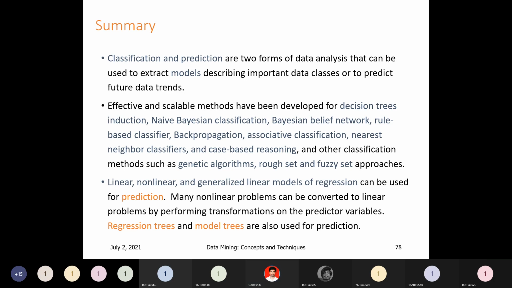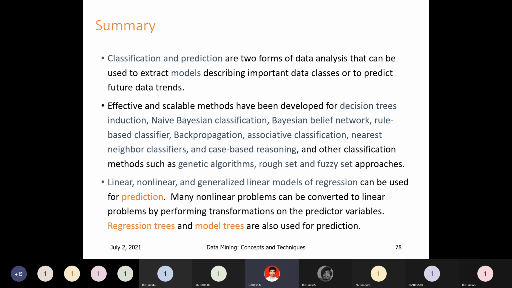Back propagation has a drawback also. Compared with decision tree induction and naive Bayes classification, back propagation gives the exact, correct result. Accuracy is high for back propagation, but complexity is more compared with decision tree and naive Bayes classification.